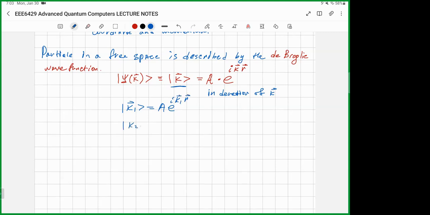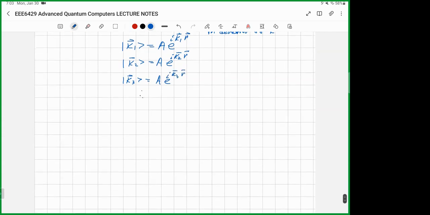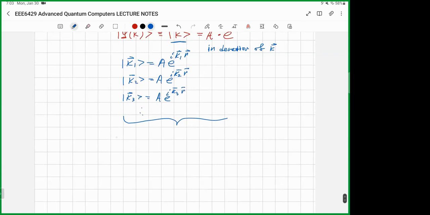Another vector would be k2, which is A e^(i k2 r). k3, which is A e^(i k3 r), etc. And the total state of my electron will be the general state vector, a superposition of all these vectors.